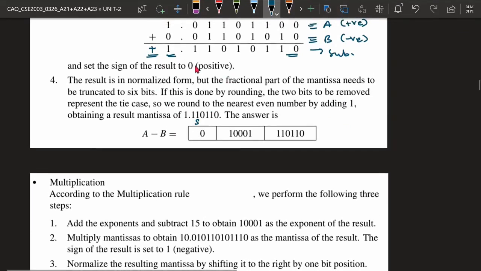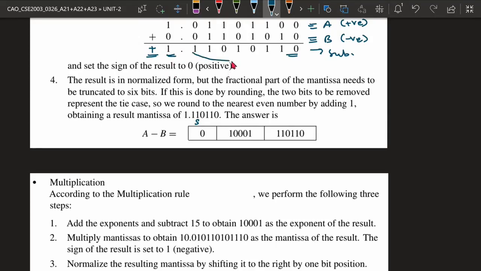And now this is in the normalized form itself. There is no need to do the normalization, because after the subtraction we have got the result 1 dot something, and 1 dot something means it is normalized form.